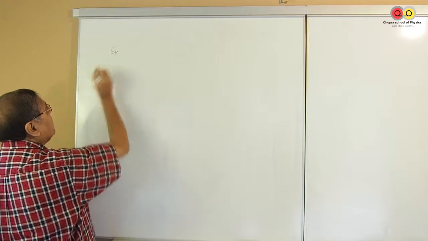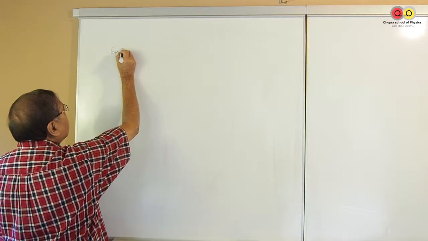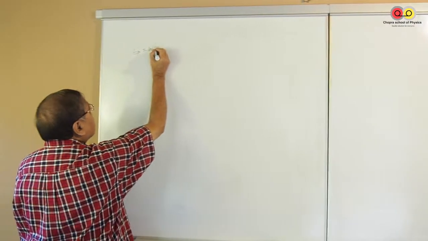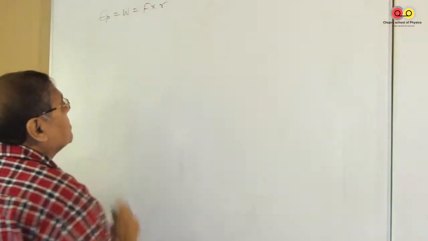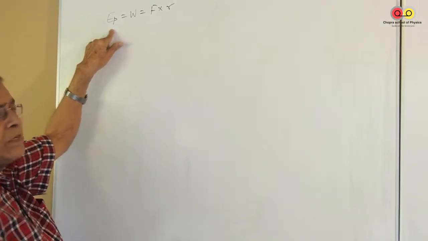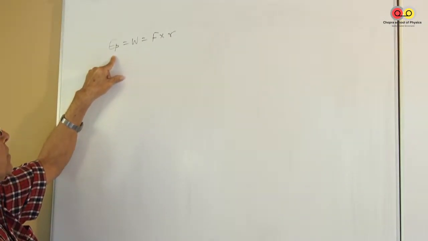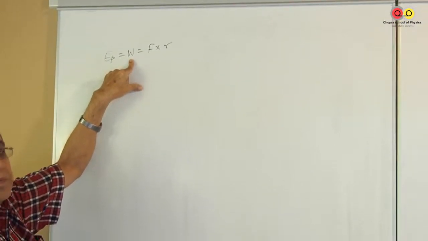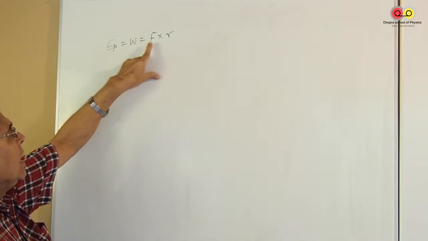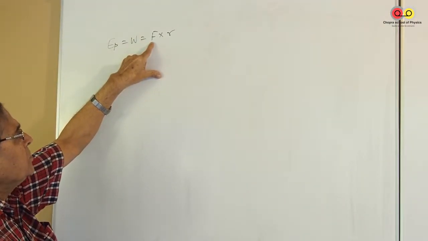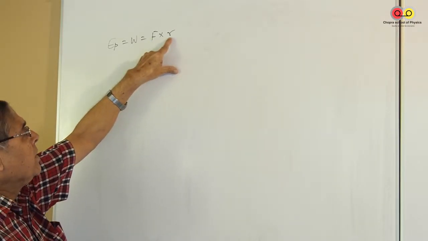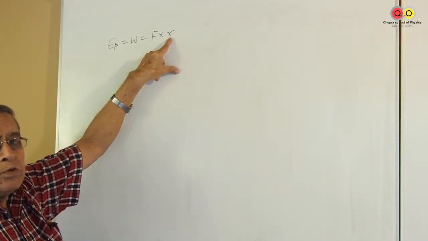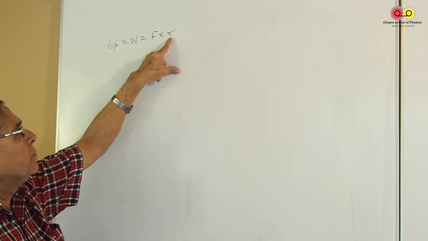This is the symbol for electrical potential energy, and it is basically work done, and work done is force multiplied by distance. So here EP stands for electrical potential energy, W stands for work done to bring the charge, F is the electrical force between the two charges in the field, and R is the distance between the two charges in the field.